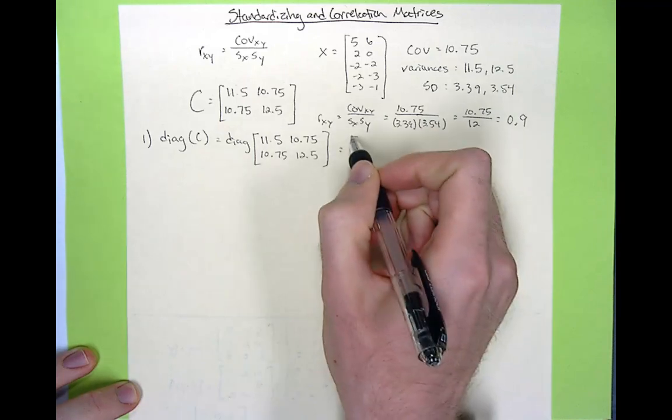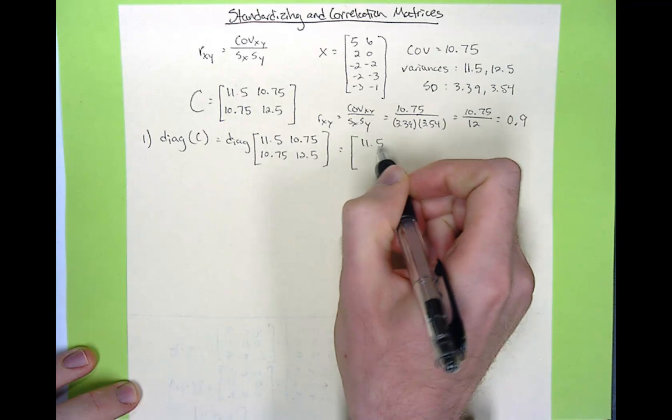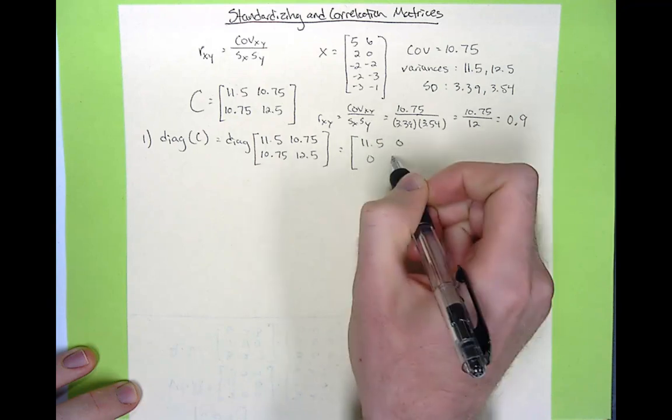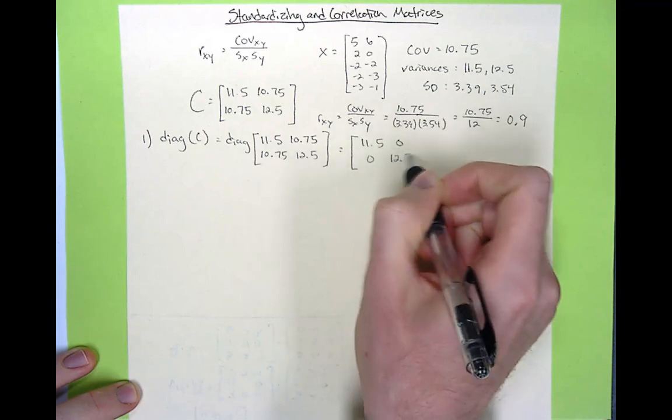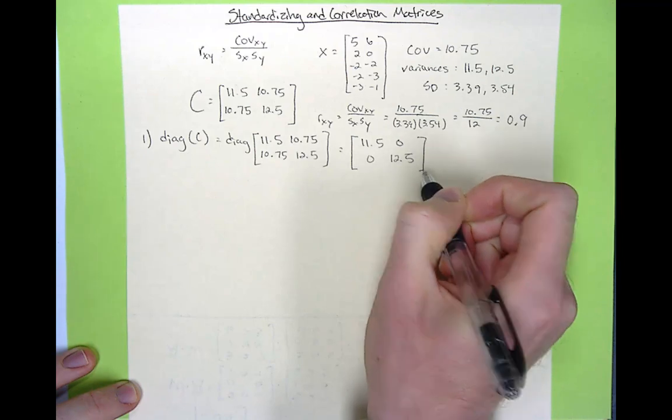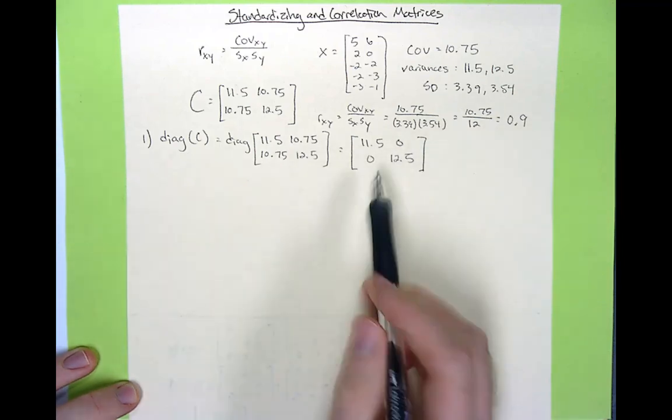And if you recall, to diagonalize that, you keep the diagonals and put zeros on the off diagonals, so it looks like this. So only the variances are left.